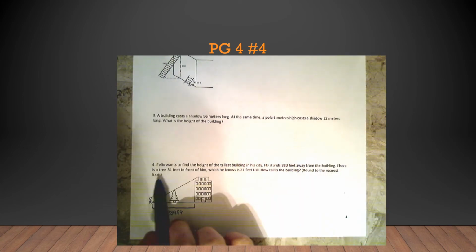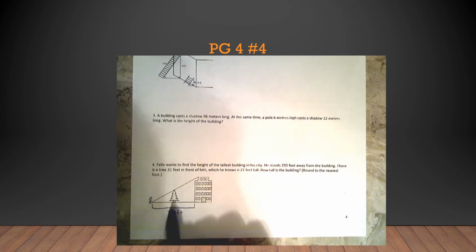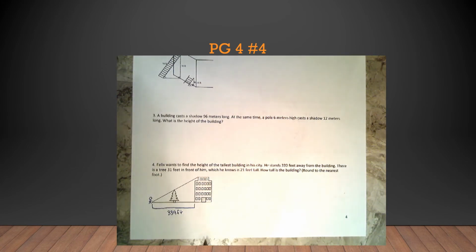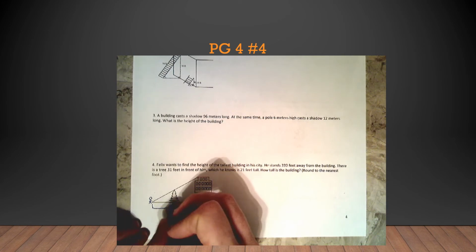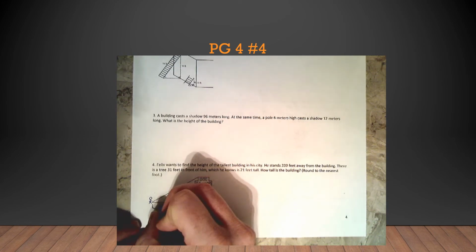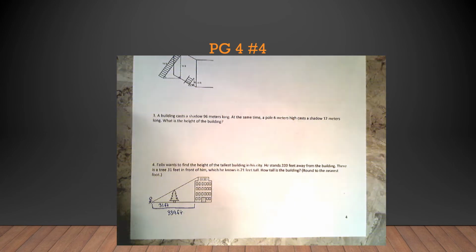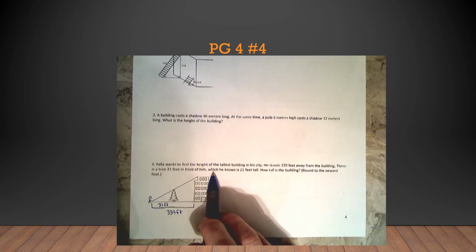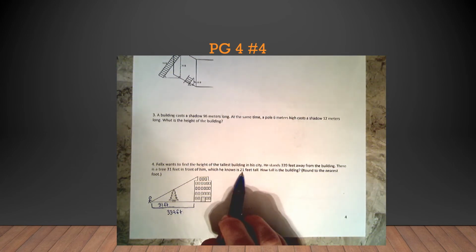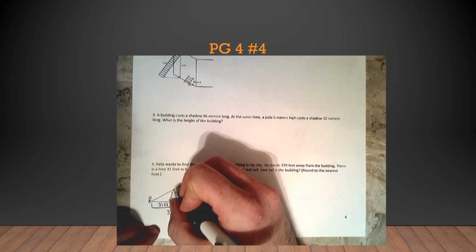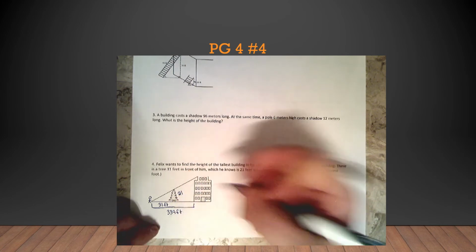They also tell us that there's a tree, and it's 31 feet in front of him. So from him to the tree is 31 feet. They also tell us that he knows this tree is 21 feet tall. Don't ask me how he knows it, but he does know it.